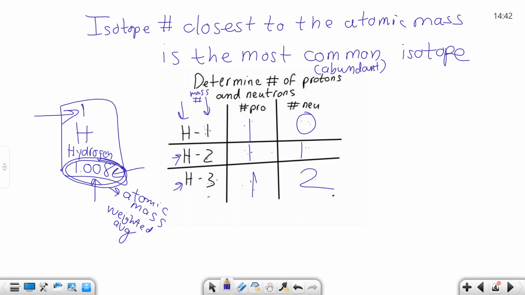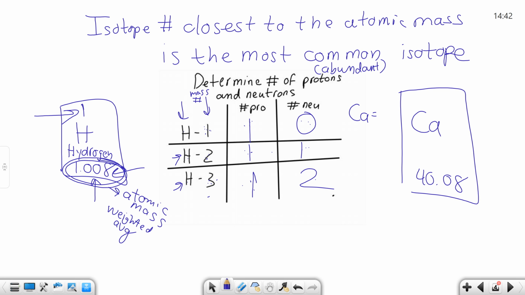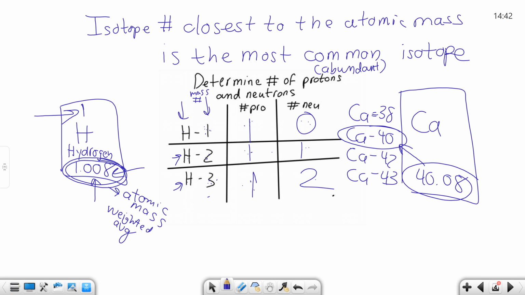For example, if you had a question, going back to calcium that was used last time, where the atomic mass is 40.08, and the choices on a multiple choice were calcium 38, calcium 40, calcium 42, calcium 43. Which of these is the most abundant? Well, 40.08 is pretty close to 40, so I'm assuming it's that, and you are correct.